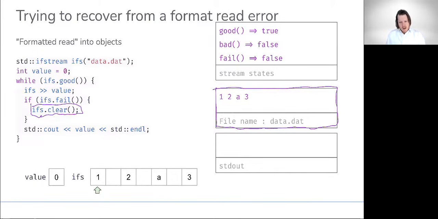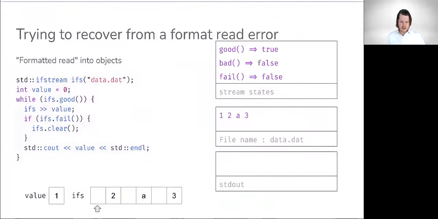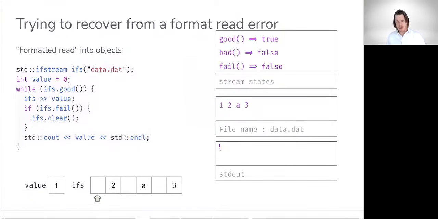So IFS, we have the contents of the file in the stream, and we're going to begin attempting to read into value. So 1, that's an integer object. It can be interpreted as such. It meets our format, and 1 would be output to standard output. We see the white space delimited, so we know our reading of value is finished.